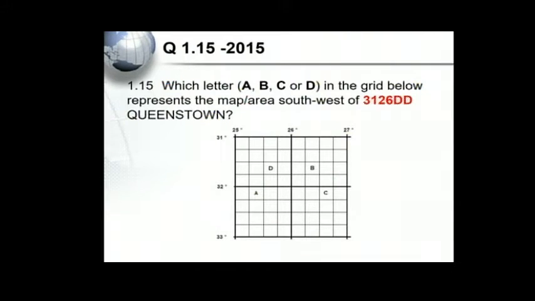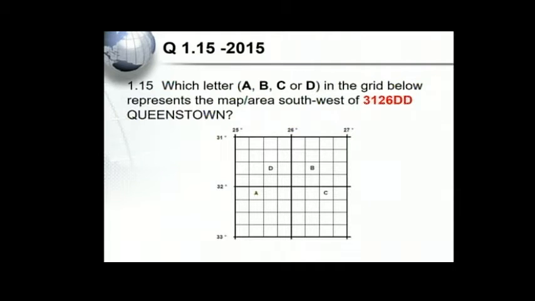Now, as I've mentioned, we had problems with this one. Have a look at this question that we had in last year's question paper. Which letter, A, B, C, or D in the grid below represents the map area southwest of 3126 DD Queenstown? Now, matrics, you've got to understand that code and that reference.